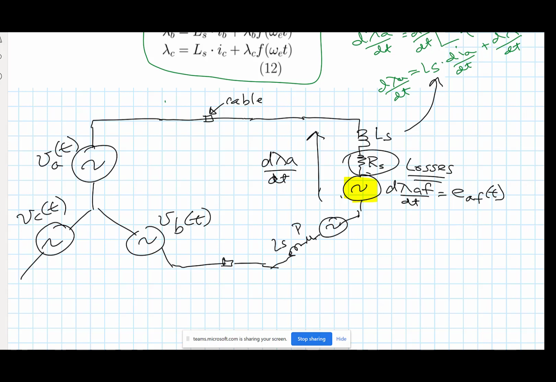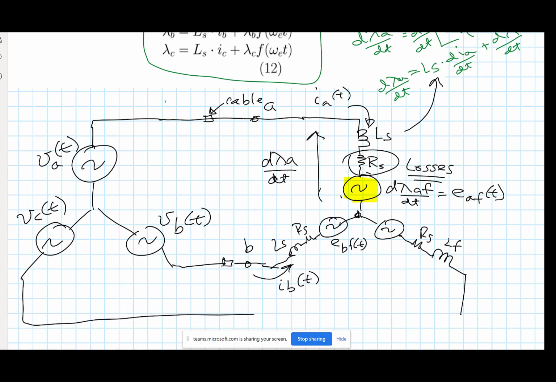So there's LS and RS, because these windings are identical for the B phase. So here's A, B. This we could say is EBF of t. So there's a current going down here. This is IA of t. There's a current going here. That's IB of t.